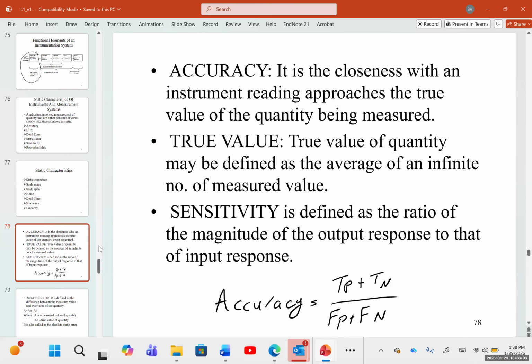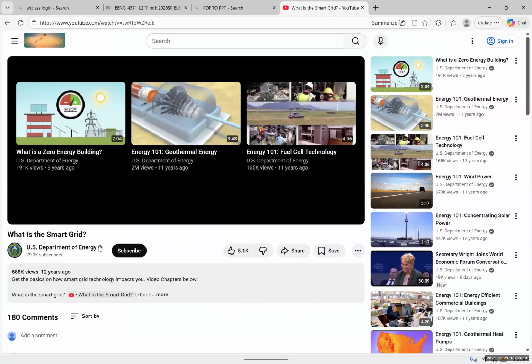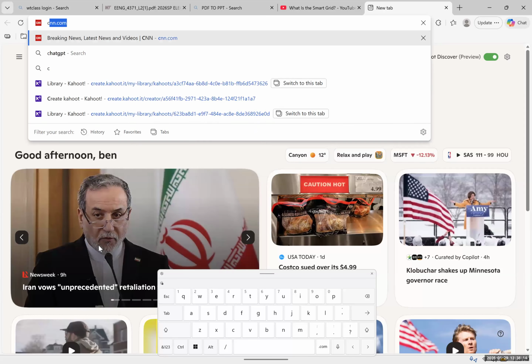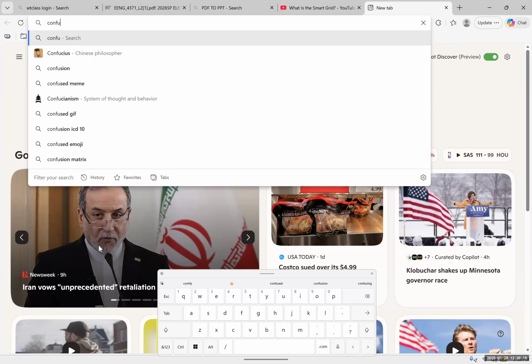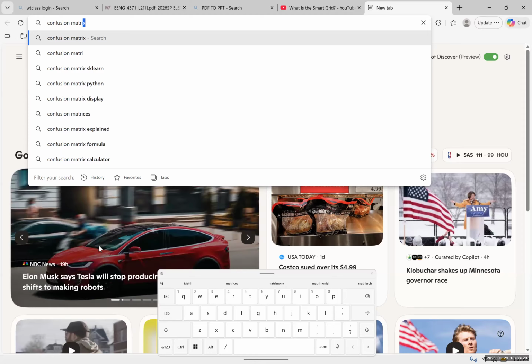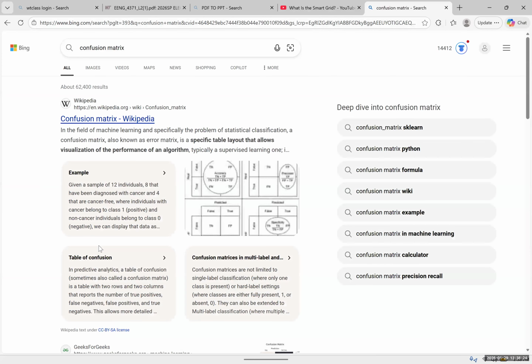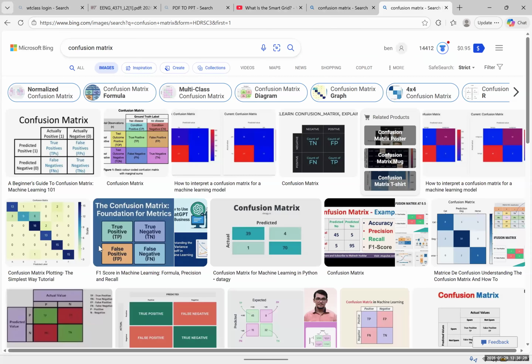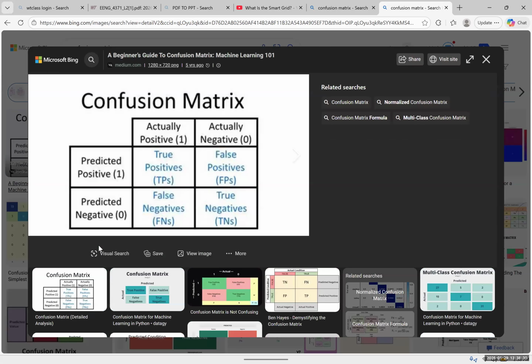So if you do a search, what we call the confusion matrix, and if you look at it, this is actually what a confusion matrix looks like. And the reason it's called confusion is because it confuses everyone, I think.